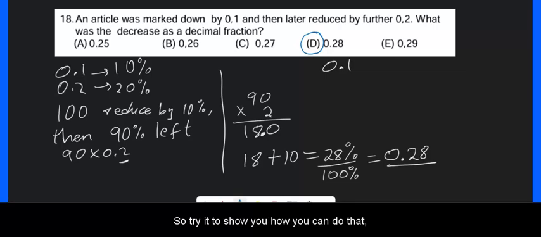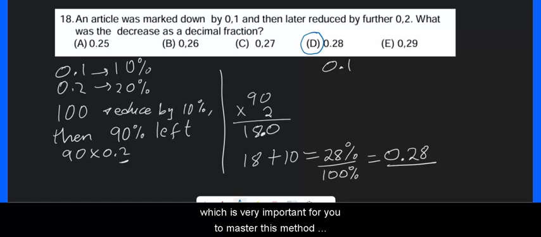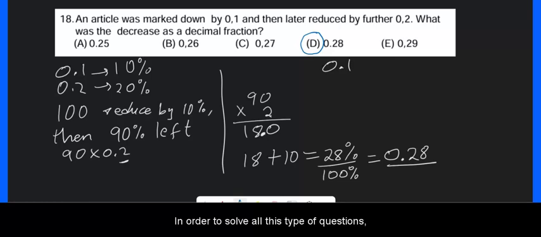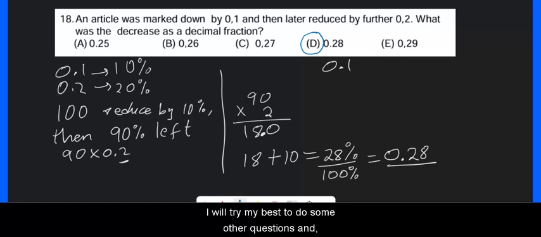So try it to show you how you can do that, how you can use your long division, how you can multiply, subtract, add without the use of a calculator, which is very important for you to master this method and for you to be able to also understand and interpret the questions correctly, in order to solve all this type of questions. I will try my best to do some other questions and make them available to you for practice.